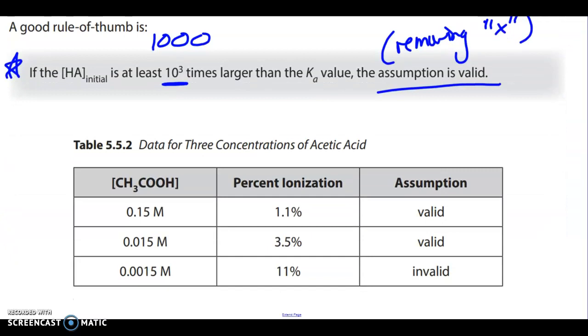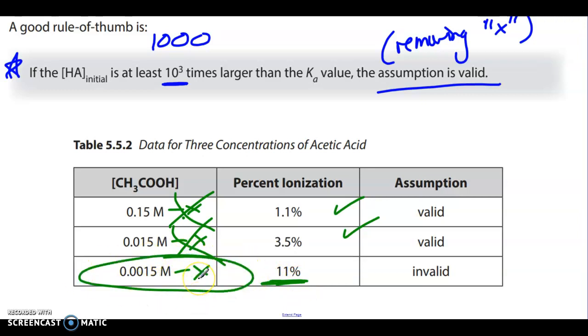These are just some examples. If we're looking at percent ionization, for these first two, the percent ionization is so small that if we had 0.15 minus X and 0.015 minus X, we can get rid of the X value because it's considered to be insignificant. However, if the initial is not 1,000 times greater than the Ka value, that would indicate you have an X value that has to stay put.